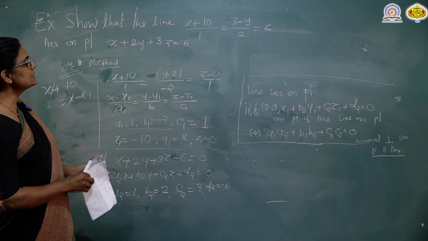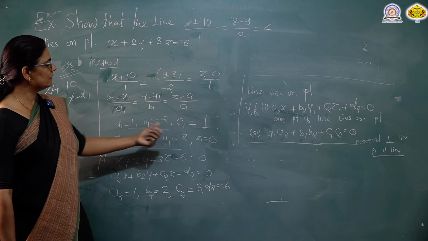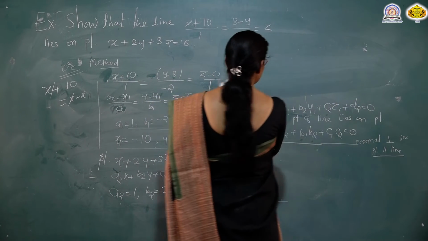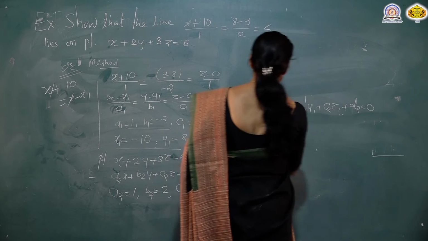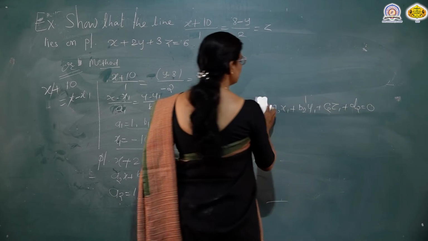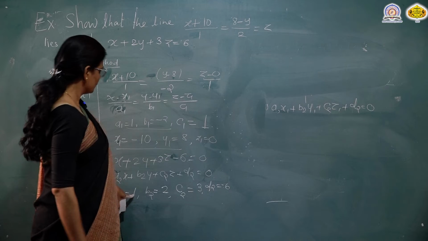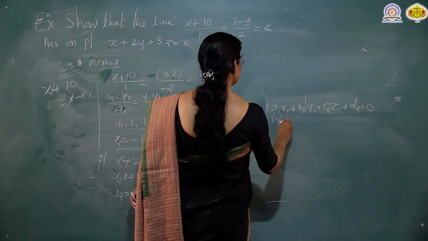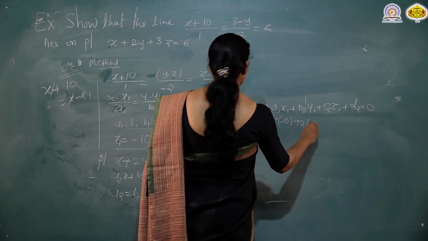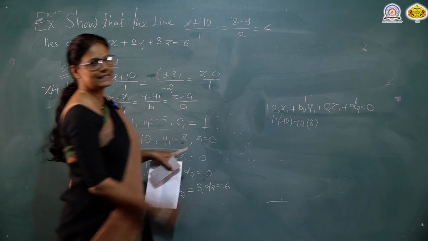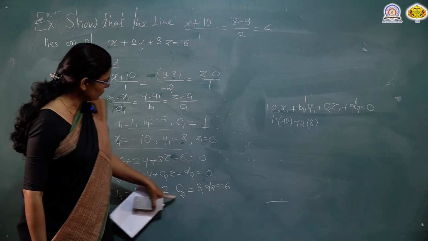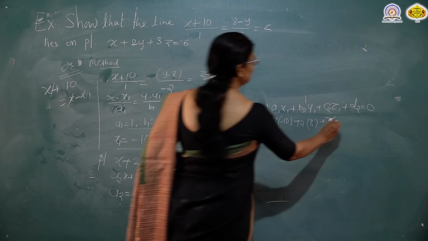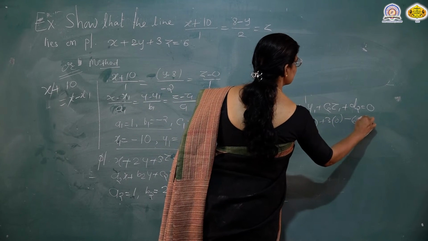Okay. Now our first condition is the point x1, y1, z1 should satisfy the equation of the plane. So write this first condition, a2x1 plus b2y1 plus c2z1 plus d2, and check whether this is 0 or not. a2 is 1 and x1 is minus 10, b2 is 2, y1 is 8, c2 is 3, and z1 is 0, plus d2 is minus 6.